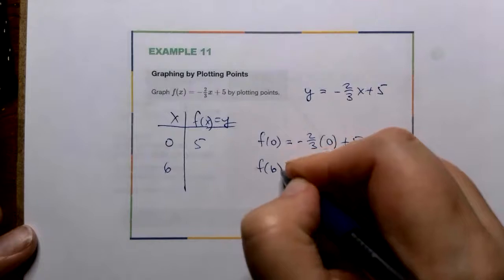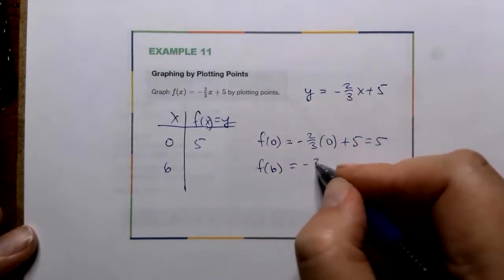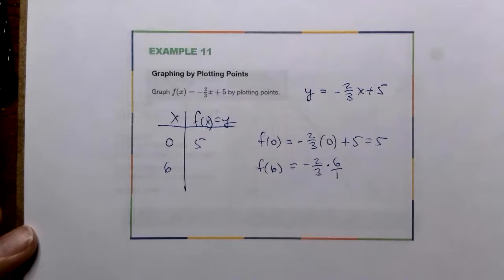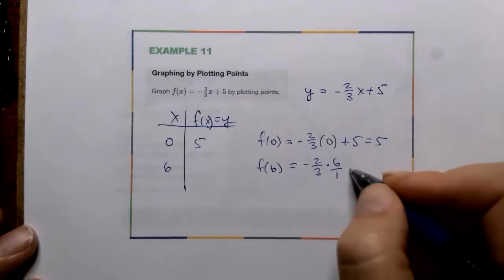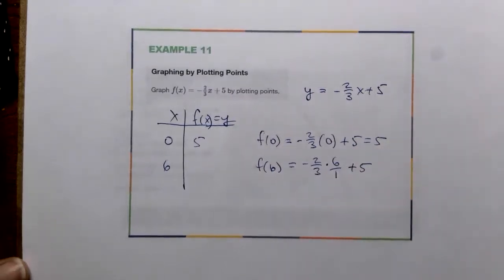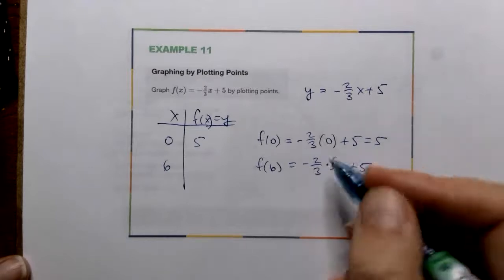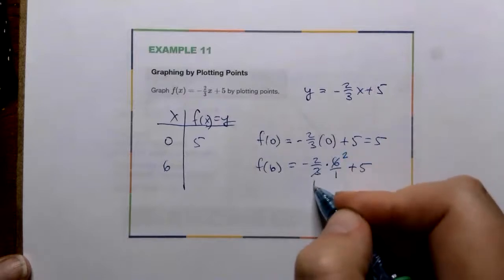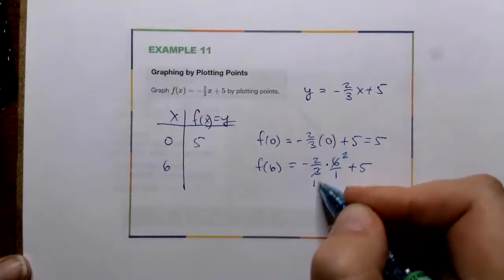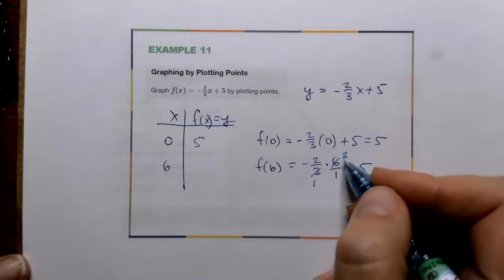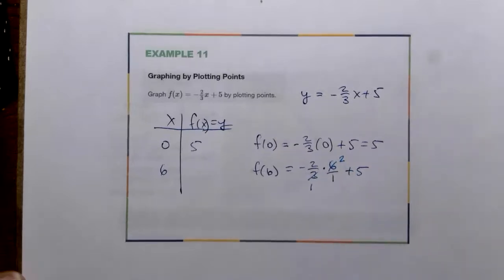f of 6 is going to be negative 2/3 times 6, but I'm going to write it as the fraction 6/1, plus 5. 3 goes into 6 2 times. So I'm going to cancel out a 3, and I'm going to have 1 left behind here and a factor of 2 left behind there.